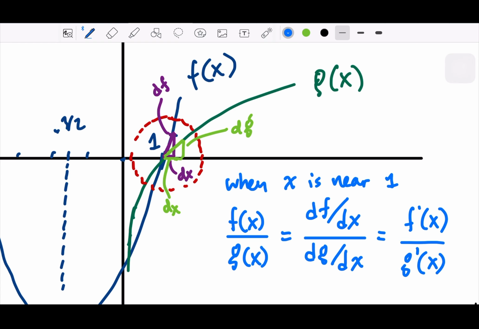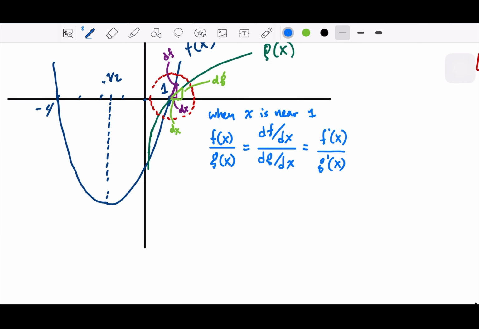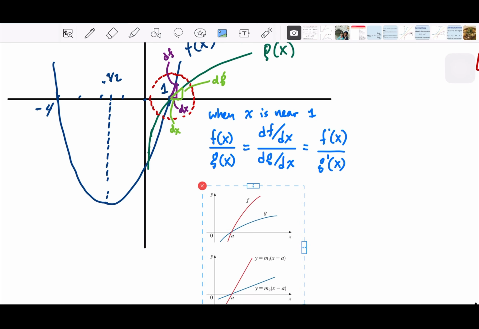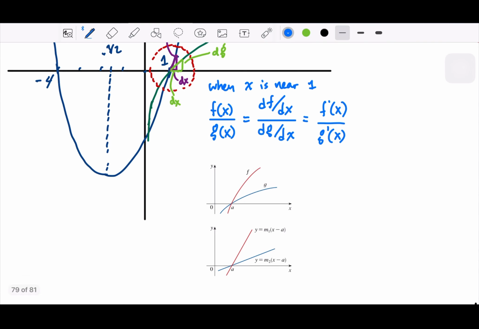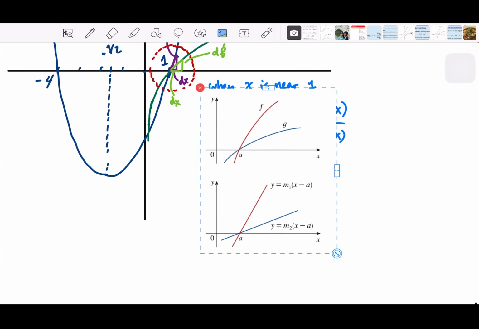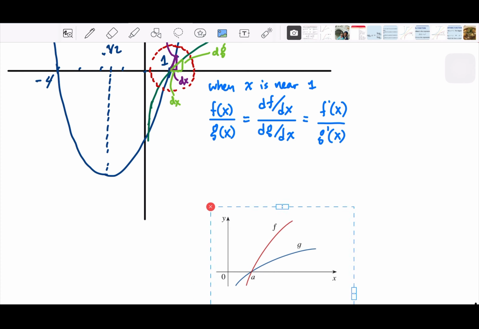Okay? So let me take you to another picture. So for this part, it's more general functions. Maybe here.